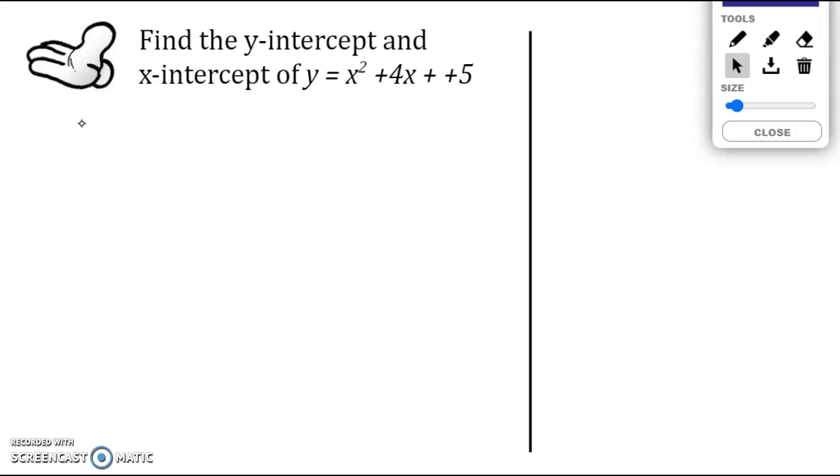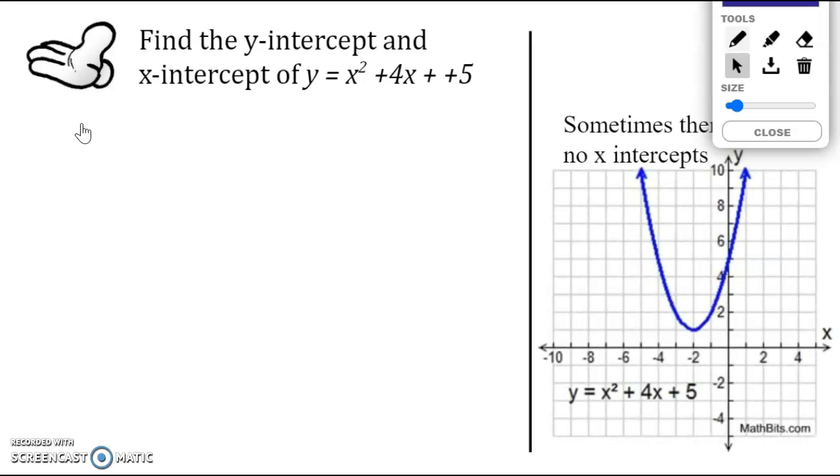Let's look for y-intercept first. That means we're going to set x to be 0 and y becomes 0 plus 0 plus 5. So it's going to be plus 5. So that's going to have the coordinate of 0, 5. And 0, 5 is indeed the y-intercept.